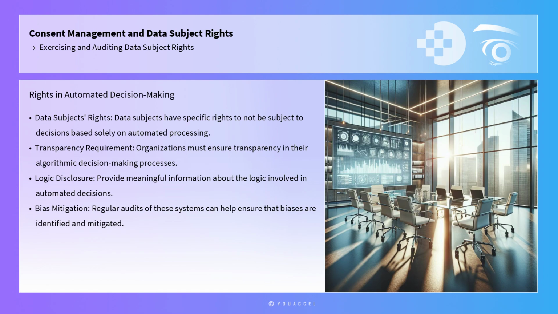Automated decision-making and profiling are areas where data subjects have specific rights to not be subject to decisions based solely on automated processing. Organizations must ensure transparency in their algorithmic decision-making processes and provide meaningful information about the logic involved. Regular audits of these systems can help ensure that biases are identified and mitigated, safeguarding the rights of data subjects.